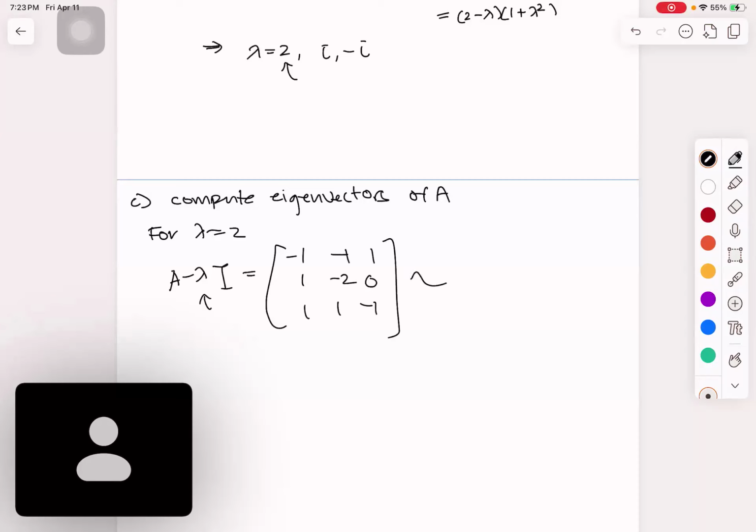From this, we continue to row reduced echelon form to get the equations for the eigenvector. So we can take R2 plus R1, R3 plus R1, and this gives us -1, -1, 1, 0, -3, 1, 0, 0, 0.